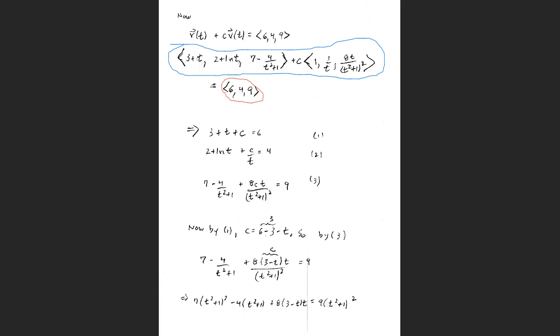So, okay, well, that means then that 3 plus t plus c has to equal 6. Where are we getting that from? 3 plus t plus c times 1 has to equal 6.